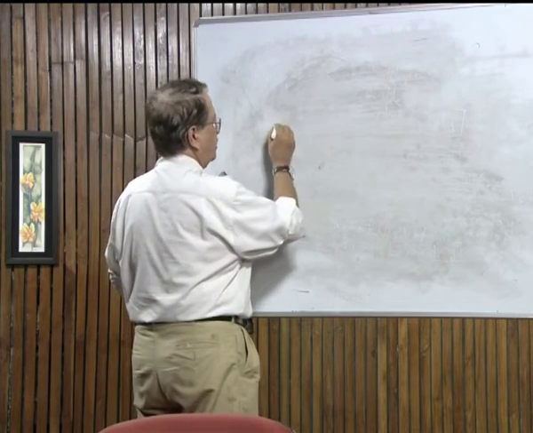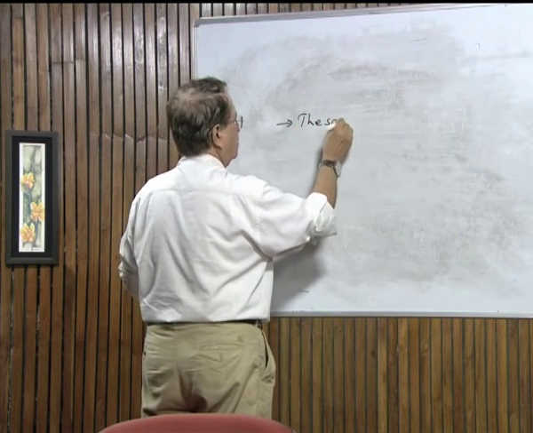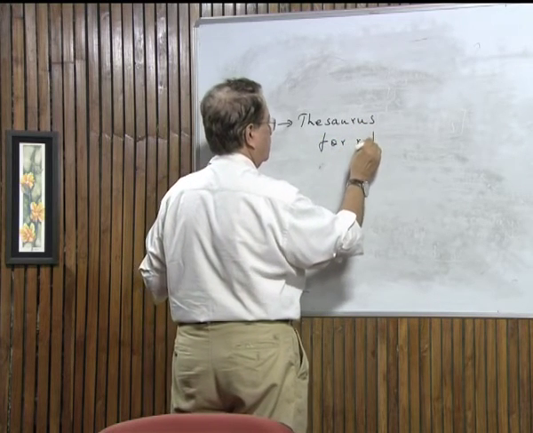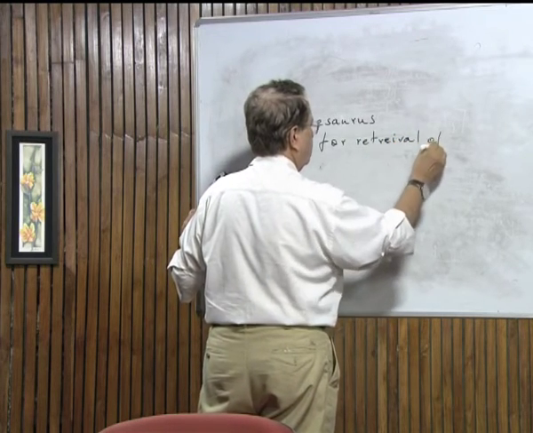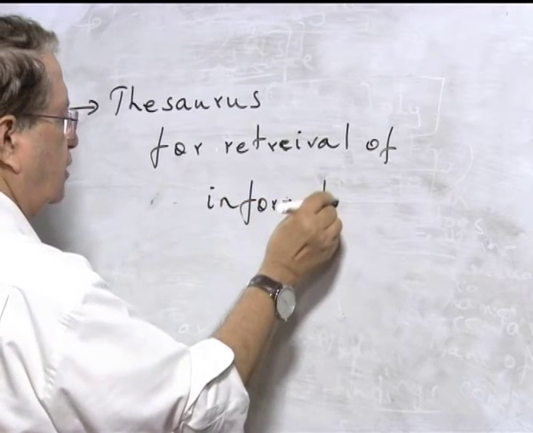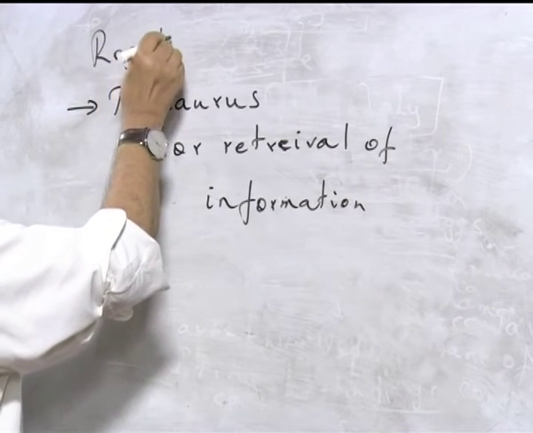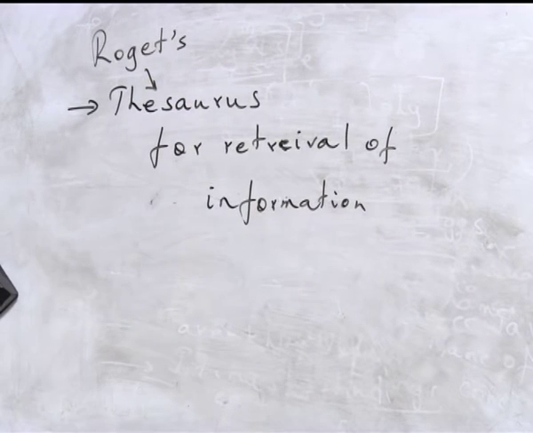We now have moved towards areas where we are building what we call thesaurus. We use thesaurus for retrieval of information. Now, we all have heard of Roget's thesaurus, but Roget's thesaurus is a general tool which gives you alternatives of various terms that are used in various places.